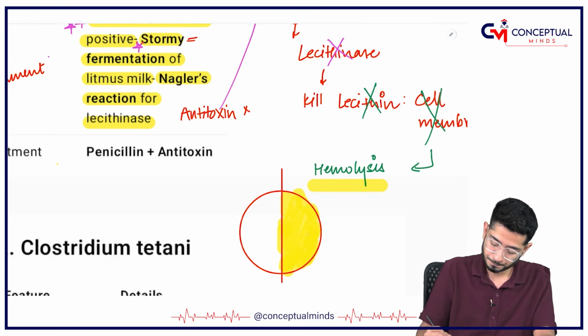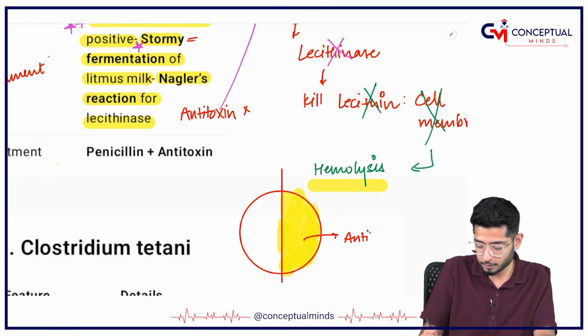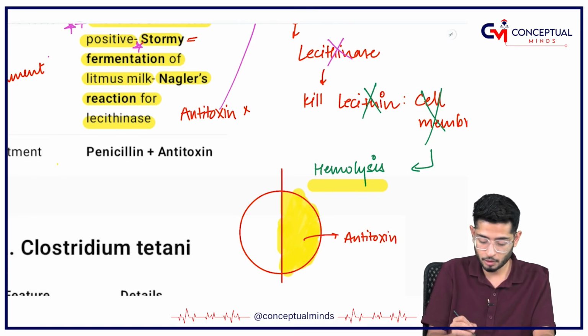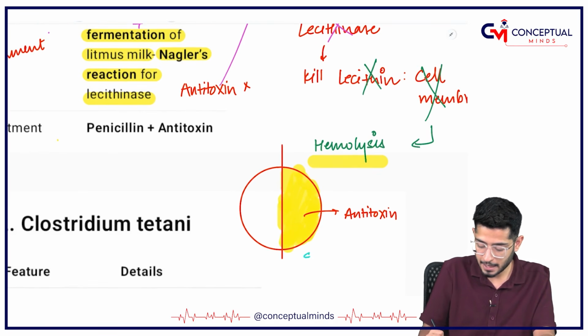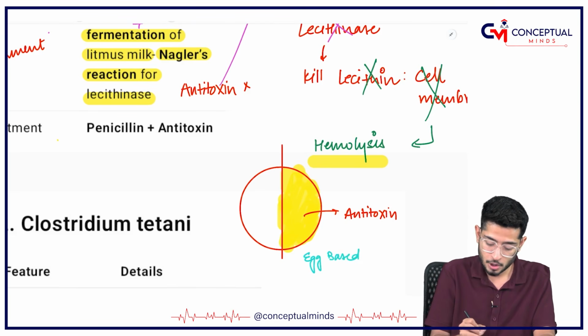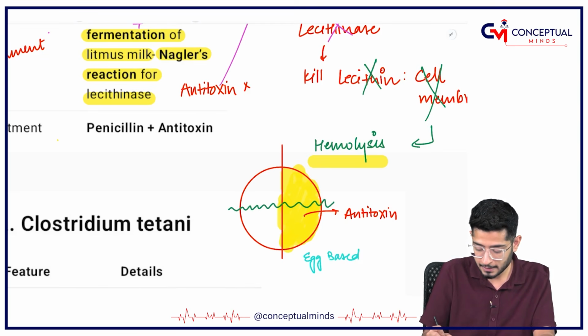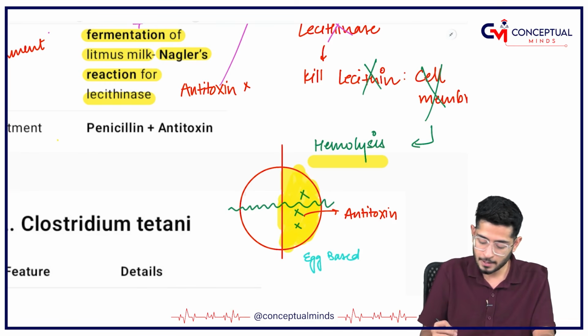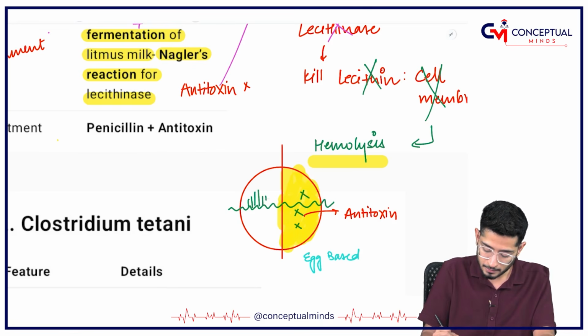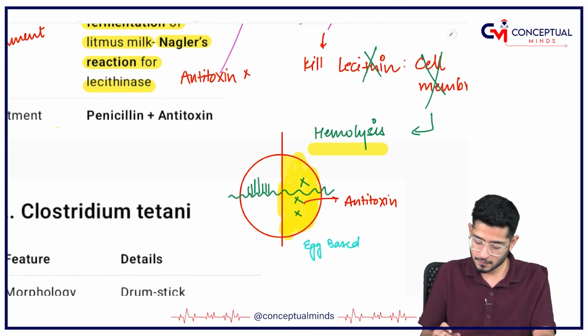So for example, if I take a media and divide it into two halves, on one side, this is the side where I have put the antitoxin, okay, and here I have not put the antitoxin. This is a egg-based media. So if I just try to have the growth of bacteria here and here, where I have applied the antitoxin, there will be no bacteria, whereas bacteria will be grown here. Okay, so this is the bacteria.